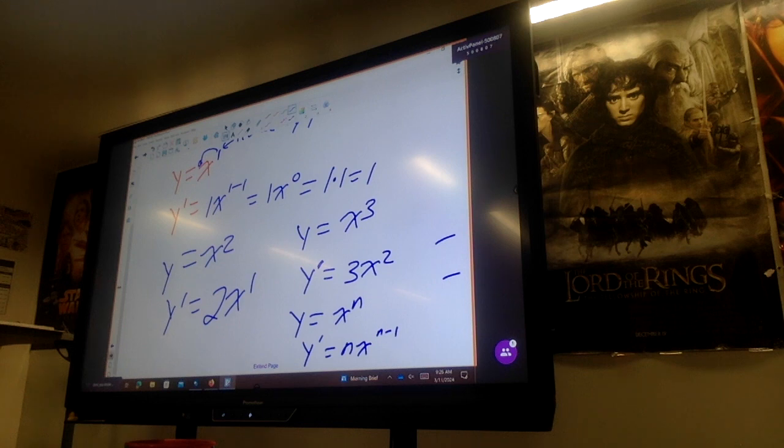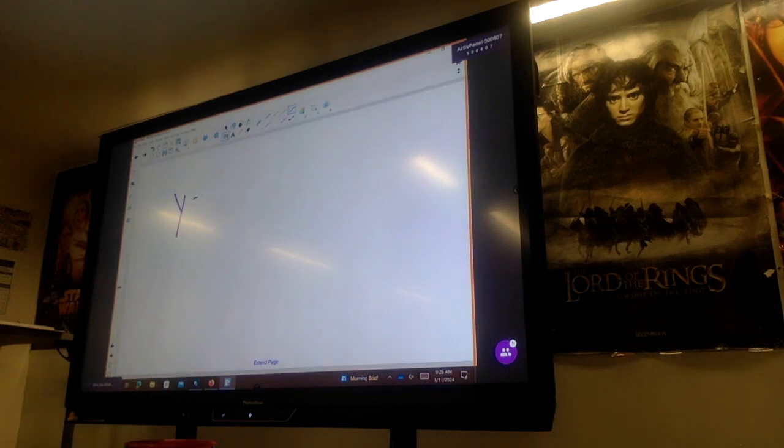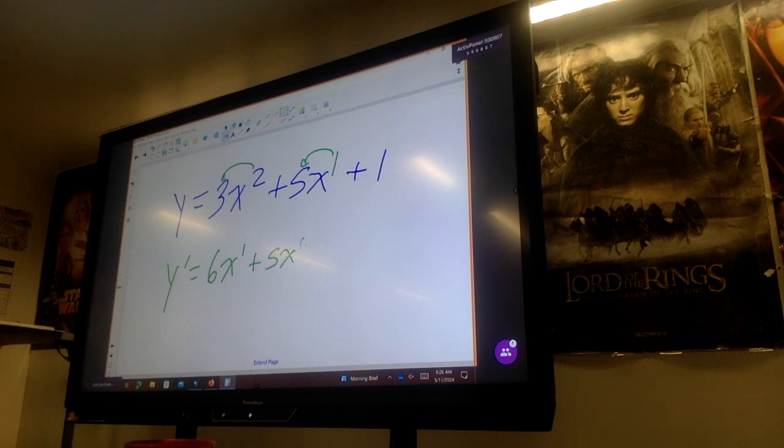But what if we had something like this? I wanted to find the derivative, see if you can follow what I'm doing. This comes down, that becomes 6x to the first. Agree? This is to the first, this comes down, this becomes 5x to the 0.